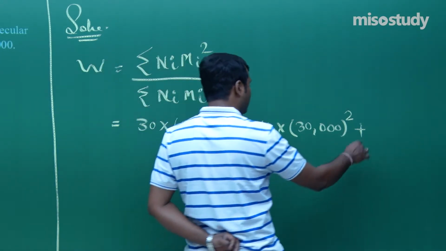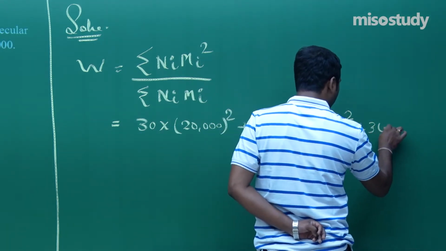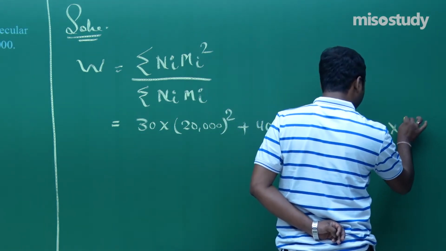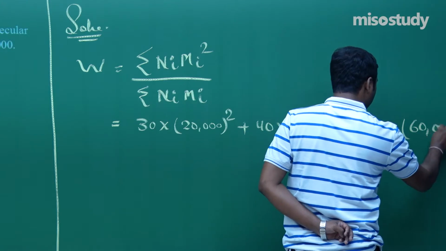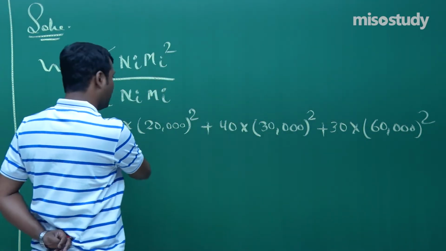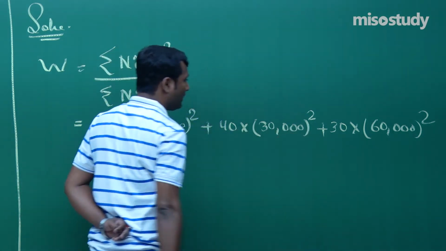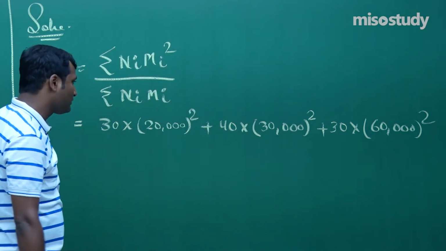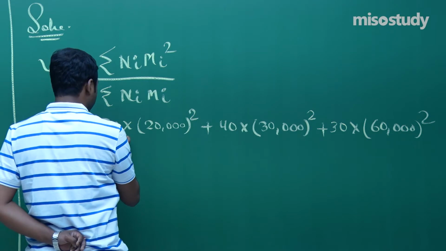30 plus 40 is 70, and the remaining is also 30. So put here 30 multiplied by 60,000 squared. Clear to you? Total 30 plus 40 is 70, and 100 minus 70 is 30, so the rest is 30%.